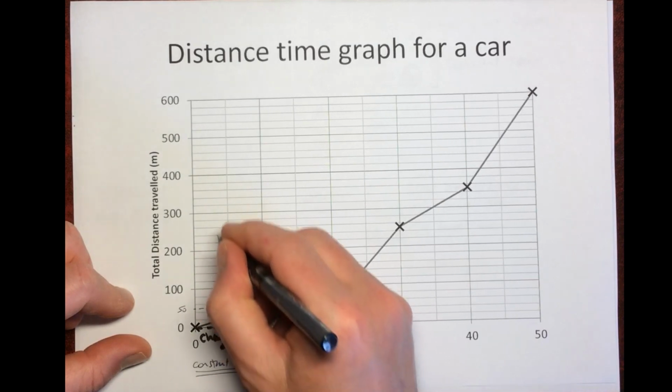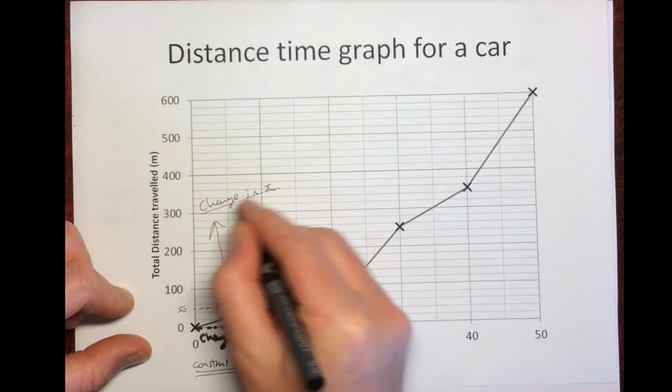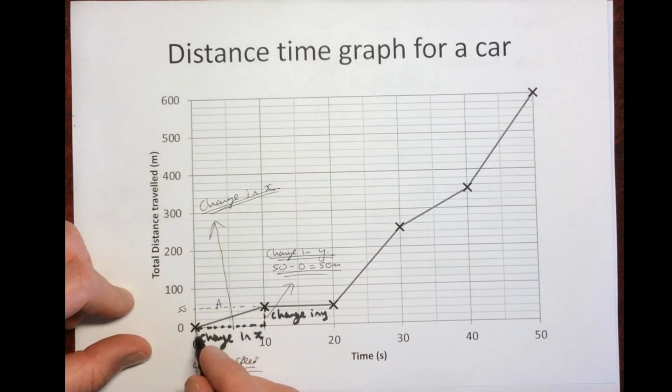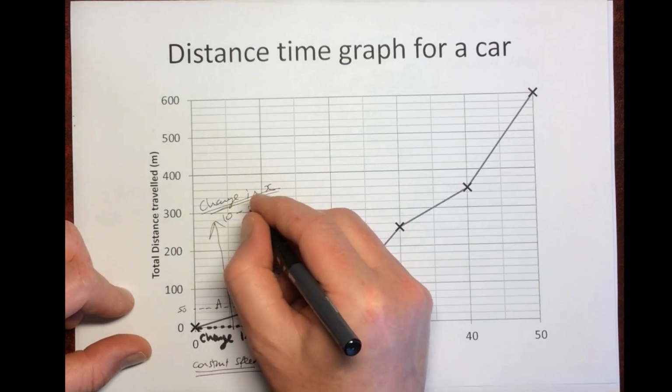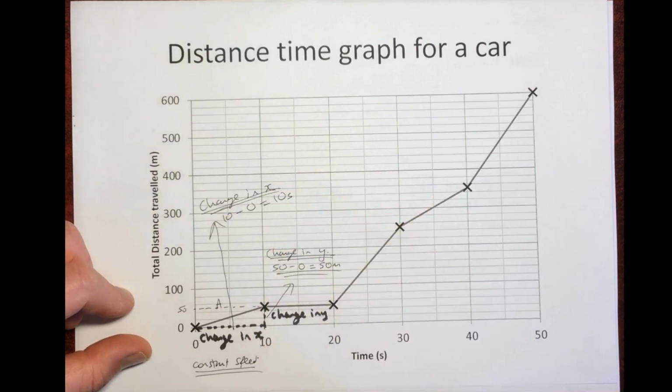If you look at the change in the x value, it works like this. At the start of the section you're at 0, and at the end of the section you're at 10 seconds on the x-axis. So the change in the x value is 10 minus 0, which gives you 10, and that's in seconds.